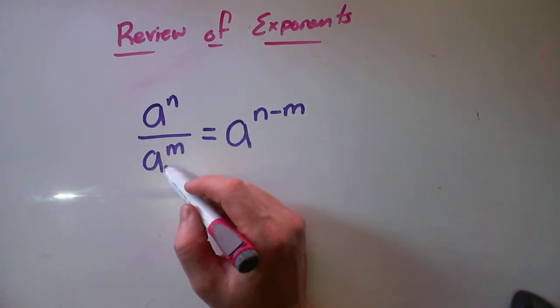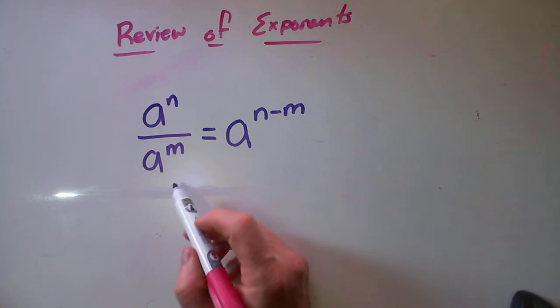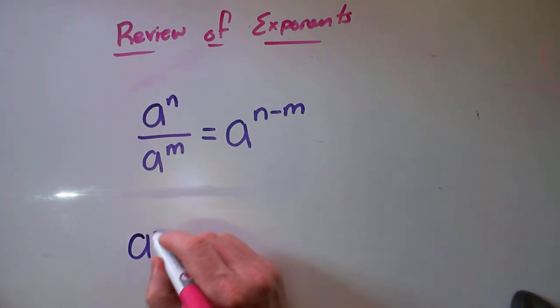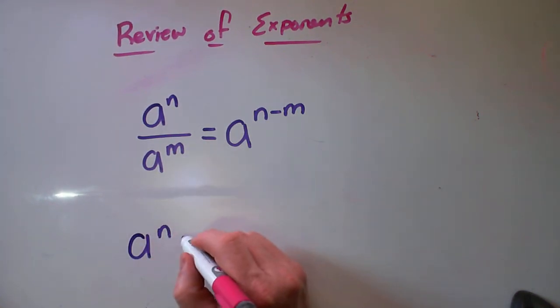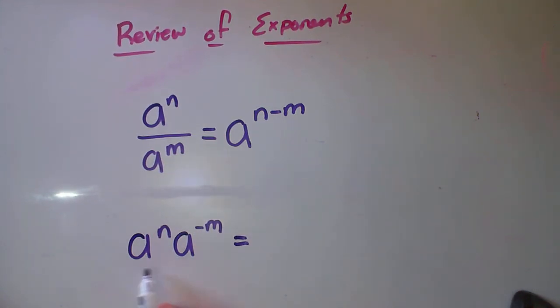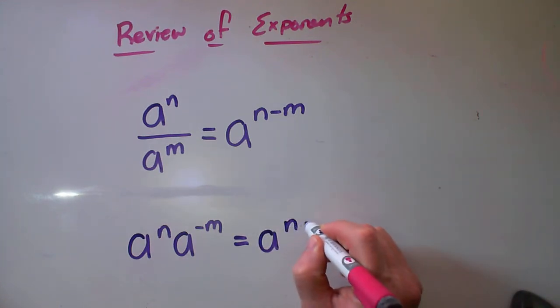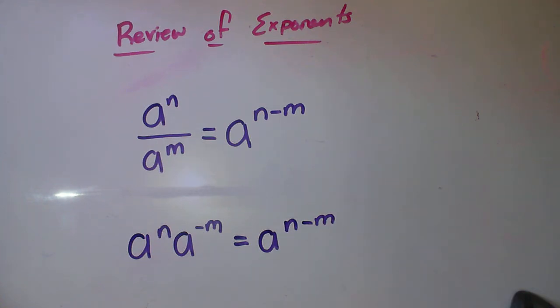Interesting fact, if you think about what we did earlier with negative exponents, we could rewrite this as a to the n, moving that up would be a to the negative m, and then when we multiply like bases, we add the exponents, and that would still be a to the n minus m.